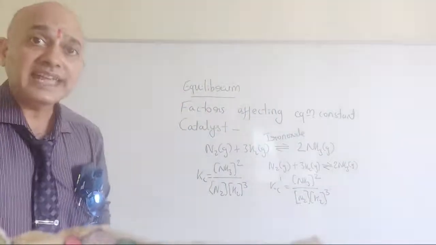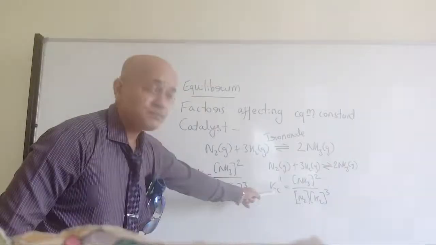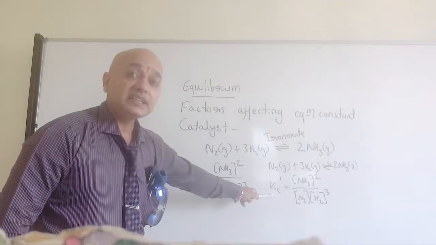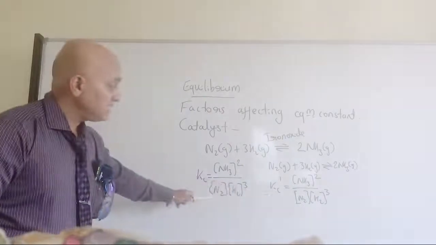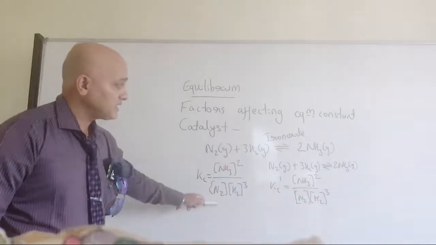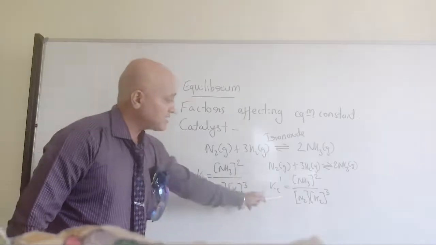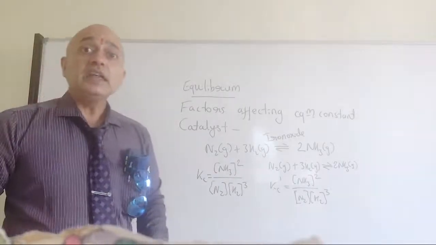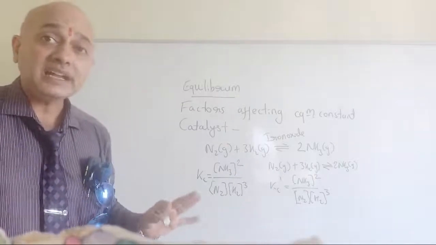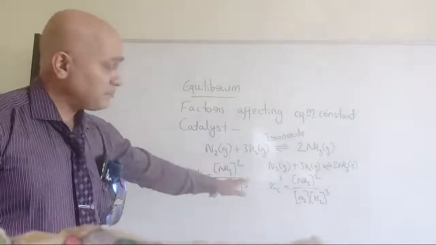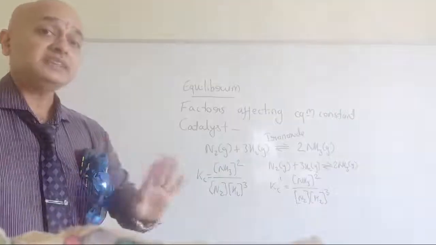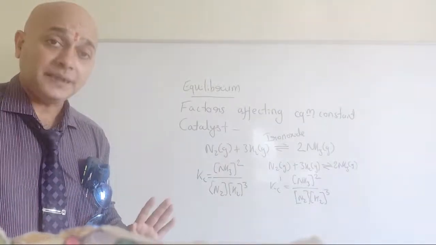Whatever Kc prime is there, it is in the absence of the catalyst, and this is in the presence of the catalyst. First reaction, second reaction. Now I will make it very clear that the value of Kc and Kc prime will be the same.